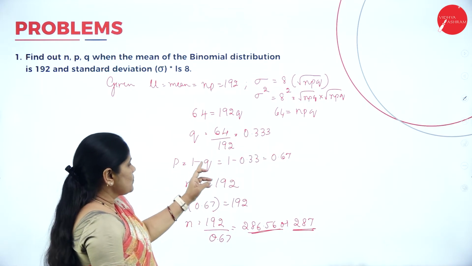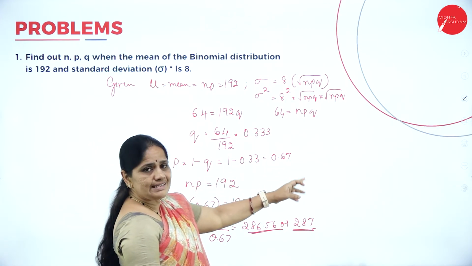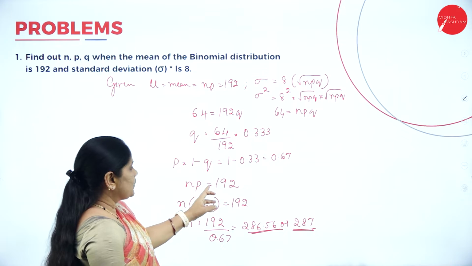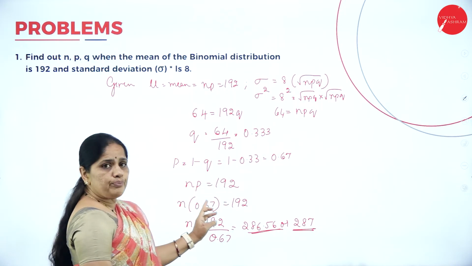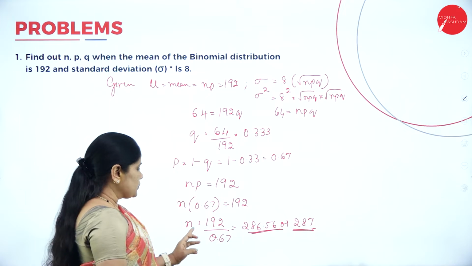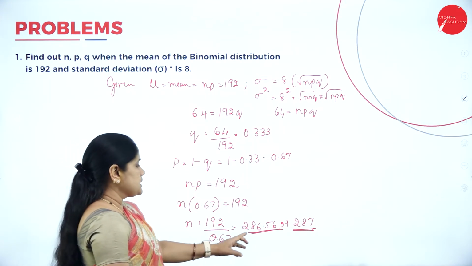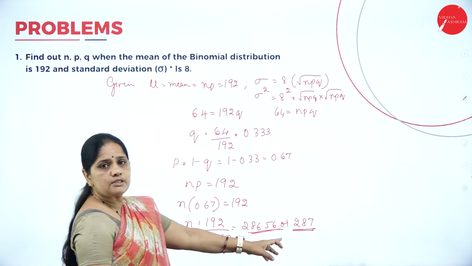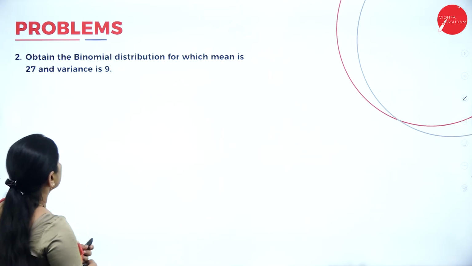So p equals 1 minus q, so 1 minus 0.33, that is 0.67. Now np equals 192, so n into 0.67 equals 192. N equals 192 divided by 0.67, that is 286.56.